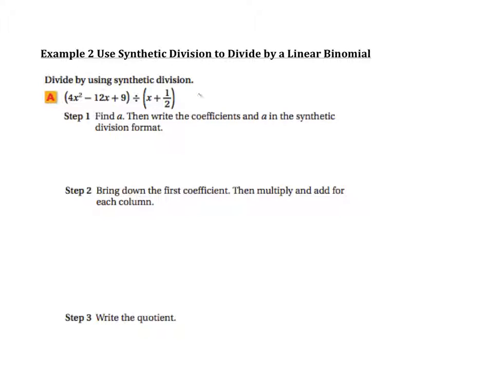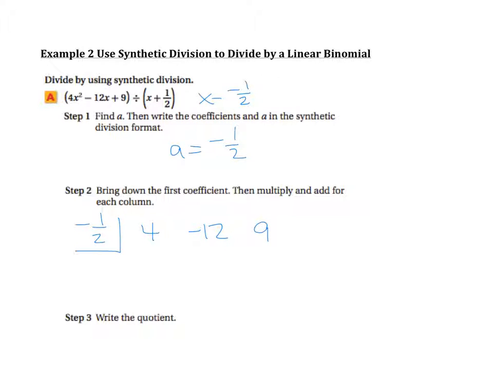So this has to be written as x minus negative 1/2, so that my A is negative 1/2. And then we write our form, just box that out. Then coefficients. We have an x squared term, an x term, a constant.